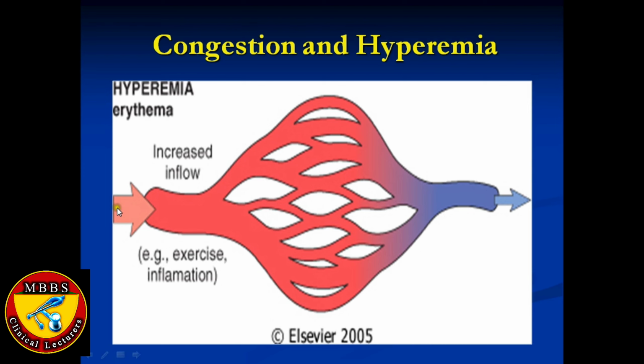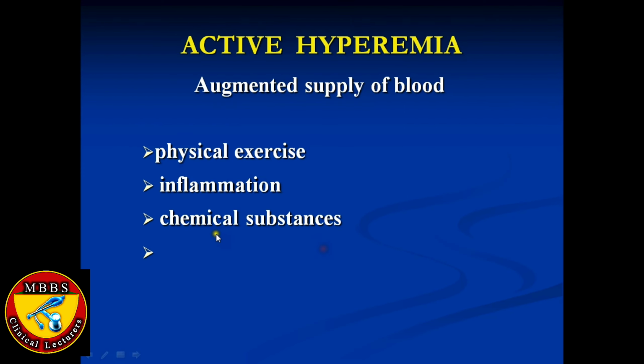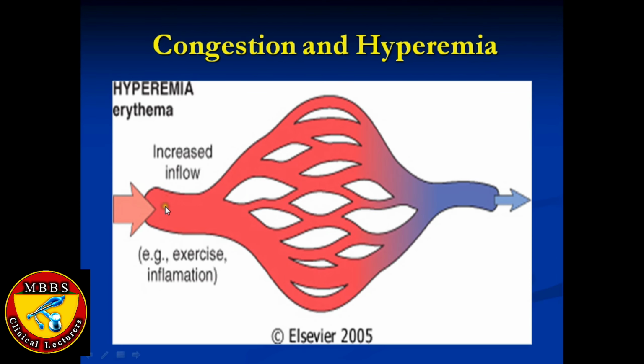Alright, so here we can see that this is the capillary network. Here is the arteriolar end, and here is the venular end. So there is an increased amount of blood in the small blood vessels, that is the arterioles and the capillaries, so much so that most of the capillaries contain the oxygenated blood which is coming from the arterial side, and hence this is due to an increased amount of oxygenated blood.